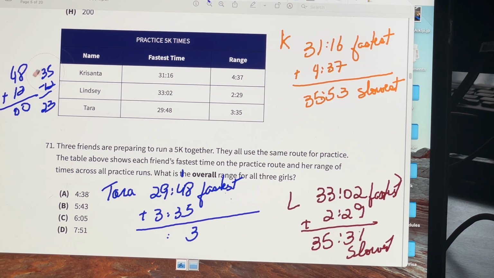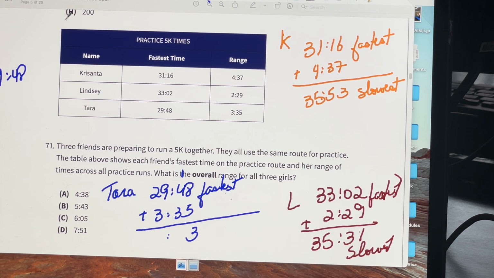And I guess let's show you the whole thing. You see, so here's 29:48. Here's 3:35. From 3:35, I'm gonna take 12 seconds out. So if I subtract 12 seconds, I'm gonna be left with 3 minutes and 23, right?